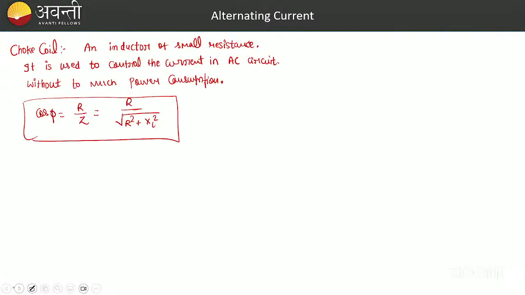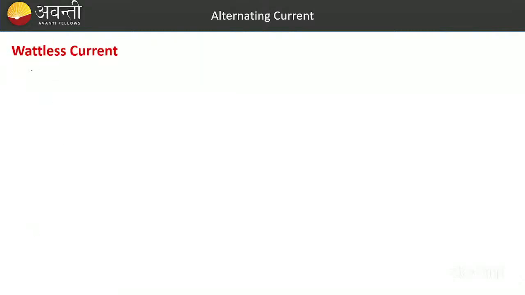Before starting this question, let's discuss the transformer here only. A transformer is a device which we use to step up or step down the voltage.